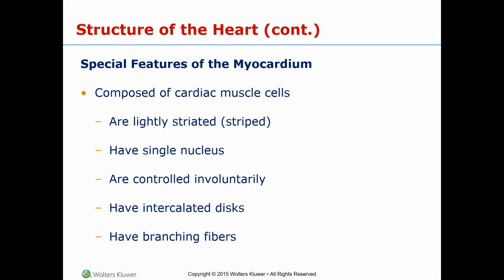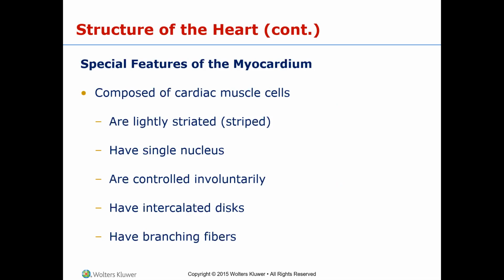And then we also have these things that are called intercalated discs, and they're actually modified plasma membranes, and they're firmly attached to each other, to the cells. And it allows for the quick conduction of electrical impulses from one cell to the next.